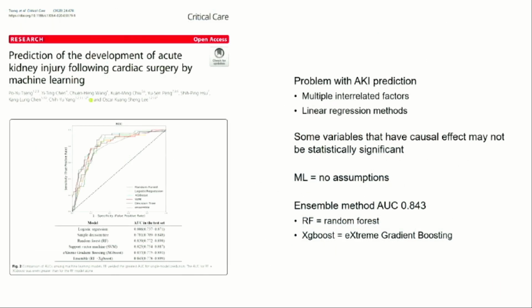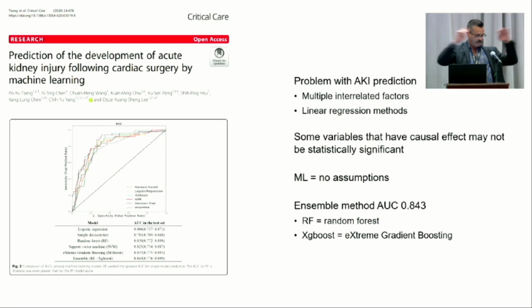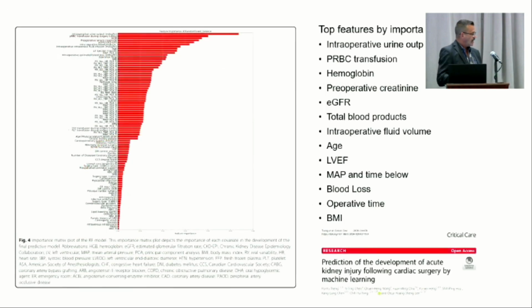So there's been a lot of discussion about machine learning, artificial intelligence, right? A lot of work going into understanding how that impacts acute kidney injury. This is a good paper that used machine learning to identify the top 10 features that influence acute kidney injury.